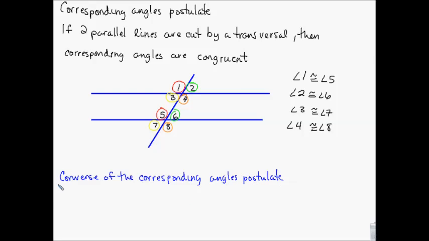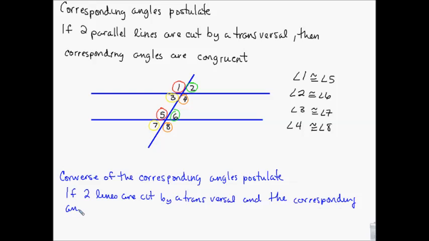Okay, so the converse says that if two lines are cut by a transversal, and the corresponding angles are congruent, then the lines are parallel.